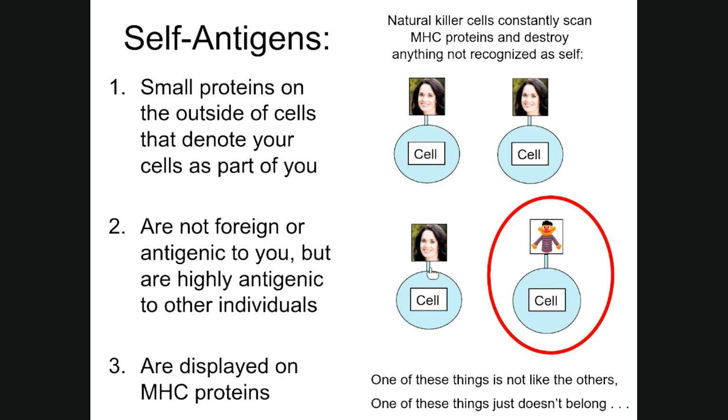When they come to a cell that is displaying something different on its MHC protein, so what you would see here, for example, that doesn't look like the rest of the self-antigens, that's going to let the immune system know that that's a cell that is foreign, that's not a part of us. Because of that, it could potentially be harmful, and it's something that likely should be destroyed.